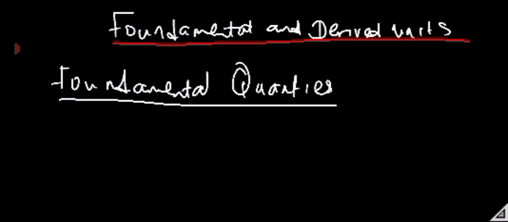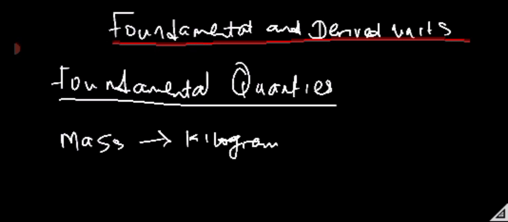The first fundamental quantity is mass. The unit for mass is kilogram, and the abbreviation for kilogram is kg. After mass, the next one is length.